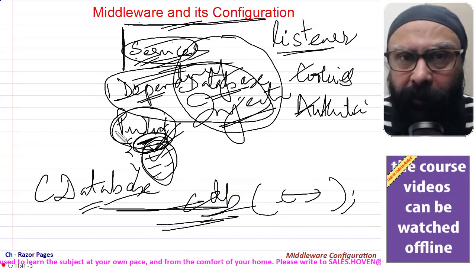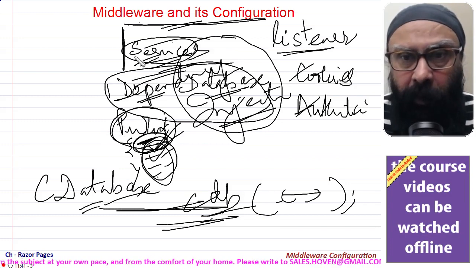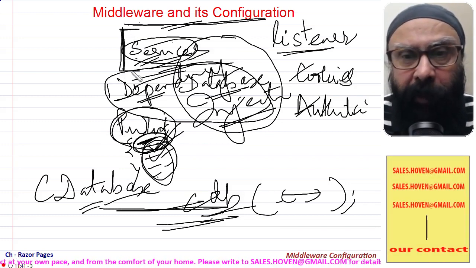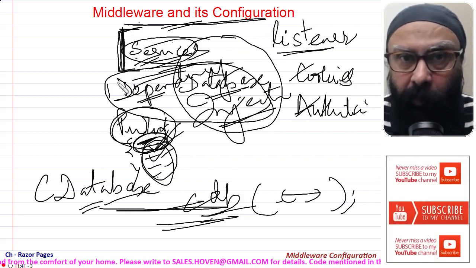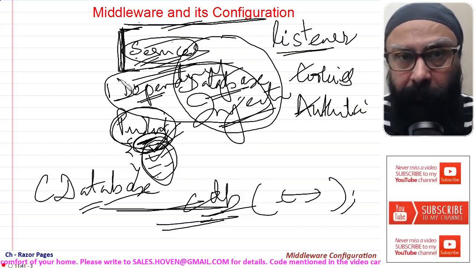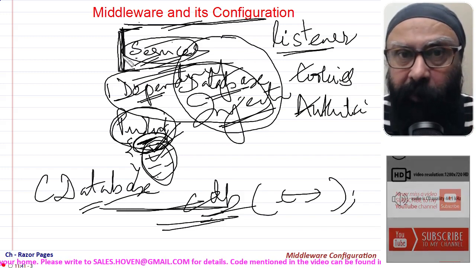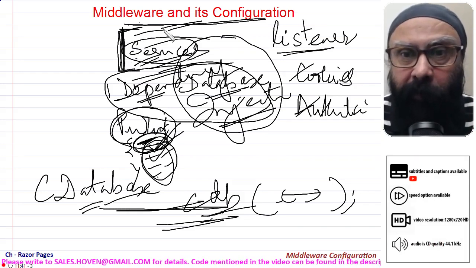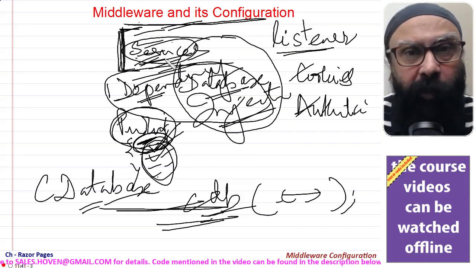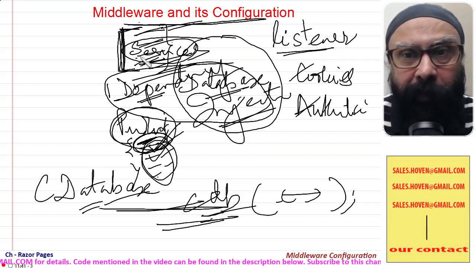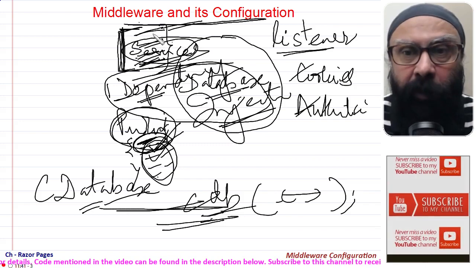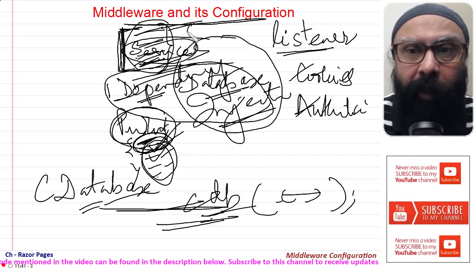So I'll summarize it so far. Your configuration will require you to specify the services, the objects. You will give a list of all the objects that you will need for your tasks. That list of objects is called services. You will add that list to a container.